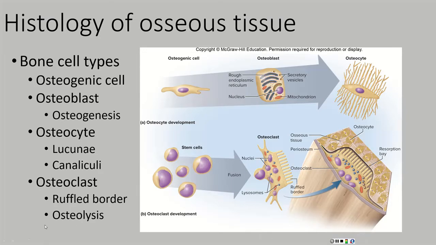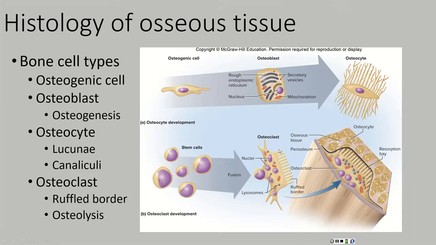But the cells that break down bone are called osteoclasts. And one side of the osteoclast has a lot of microvilli. And this side that has all those microvilli is called the ruffled border. And this is not unique to an osteoclast.